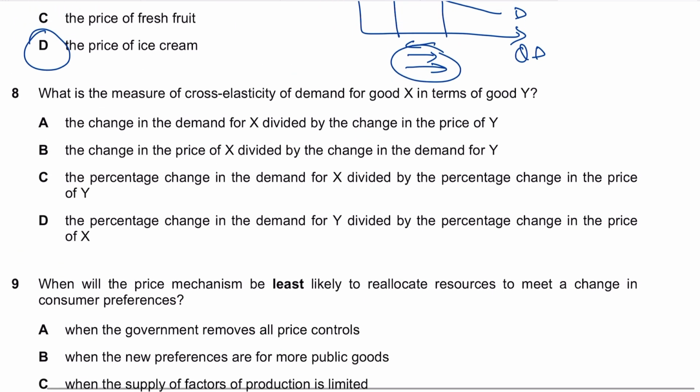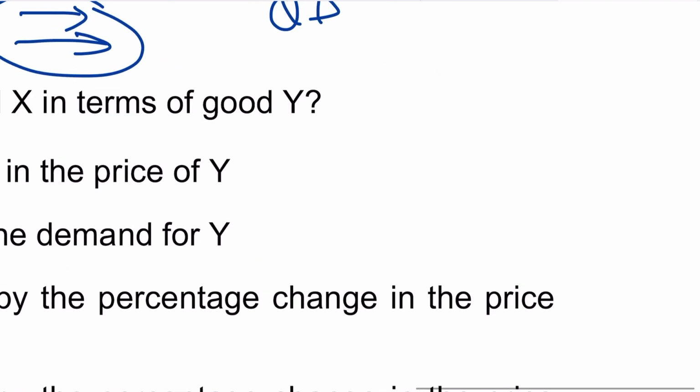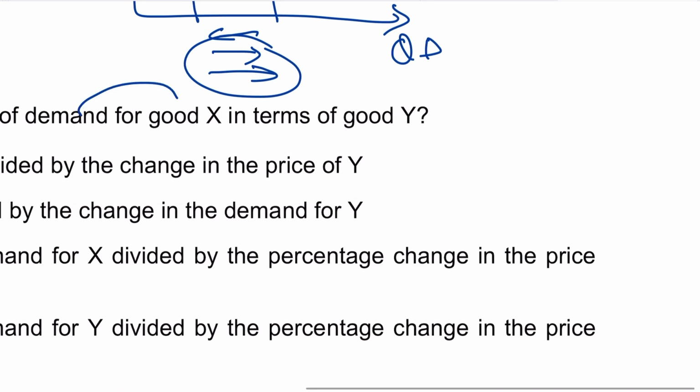Question 8 says, what is a measure of cross elasticity of demand for good X in terms of Y? Remember that whenever we are calculating the cross elasticity of demand for a good, the percentage change will be for that good.